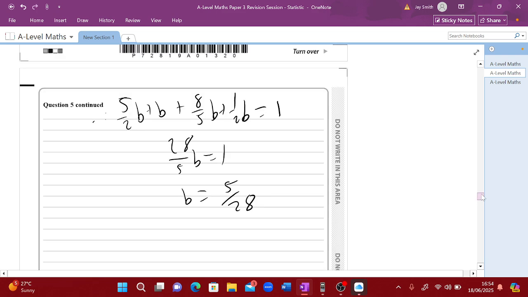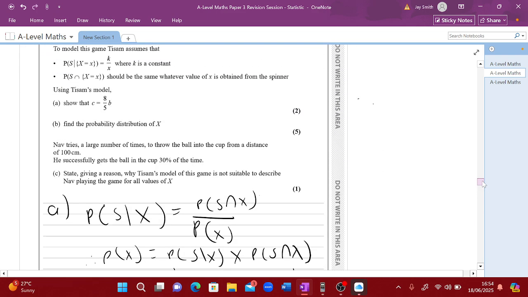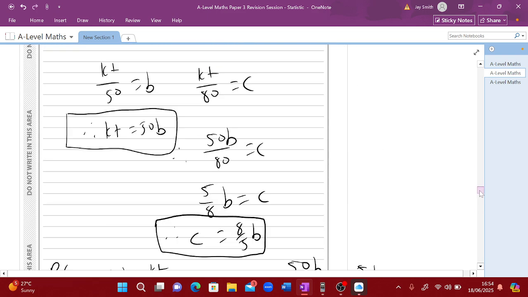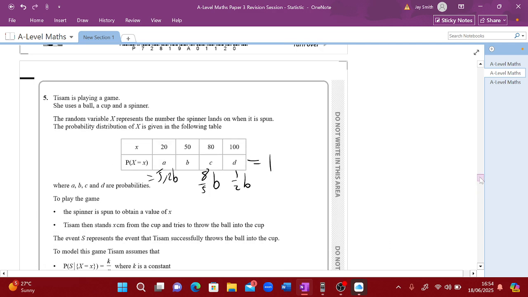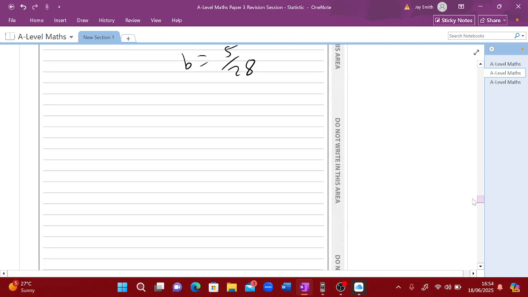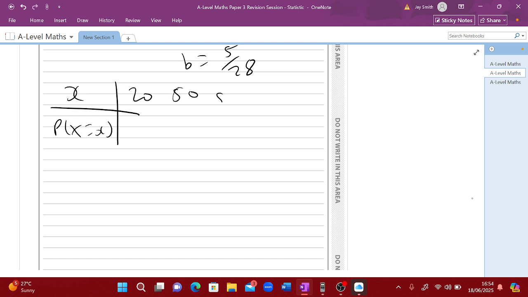Okay. So what did it ask for then? Yeah, find the probability distribution. So let's rewrite the distribution then. So we have x and probability of big X equaling x. So we had 20, 50, 80, and 100, right?